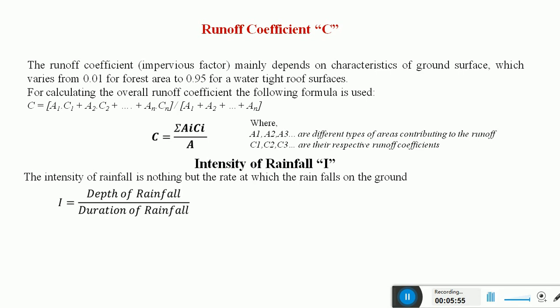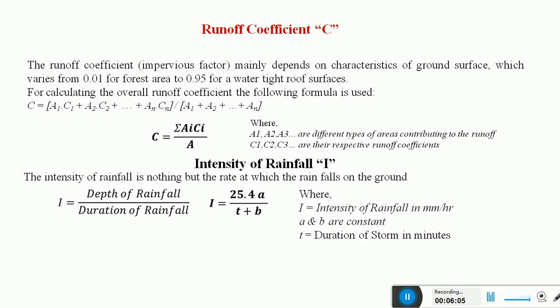To find out the intensity of the rainfall, it is the ratio of depth of the rainfall divided by duration of the rainfall. It can also be obtained by using the equation I is equal to 25.4a divided by T plus B, where T is the storm duration in minutes and A and B are constants.